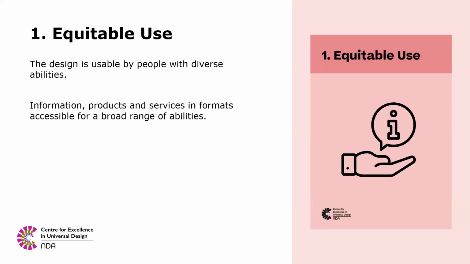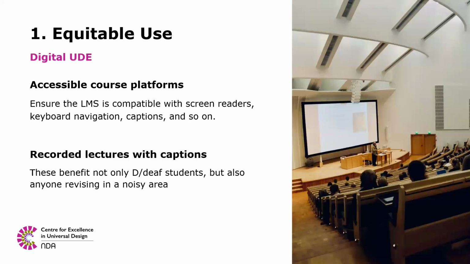The first principle is equitable use, and this means that the design is usable by people with diverse abilities. It includes information, products and services in formats accessible for a broad range of abilities. An example of equitable use in digital learning environments is accessible course platforms.